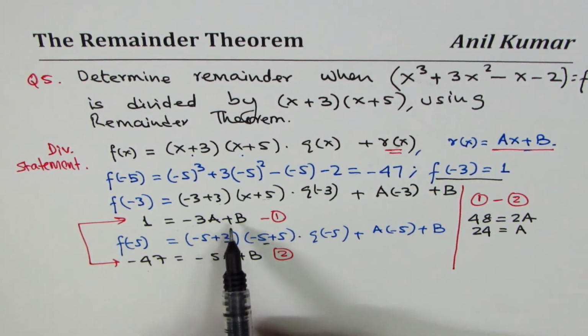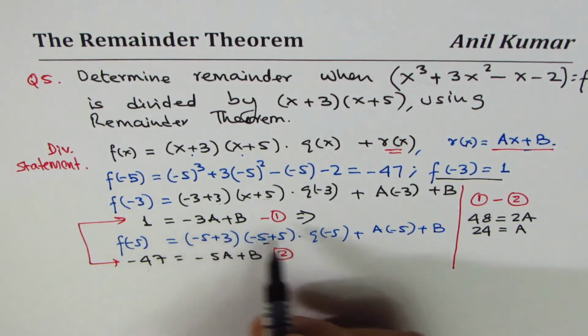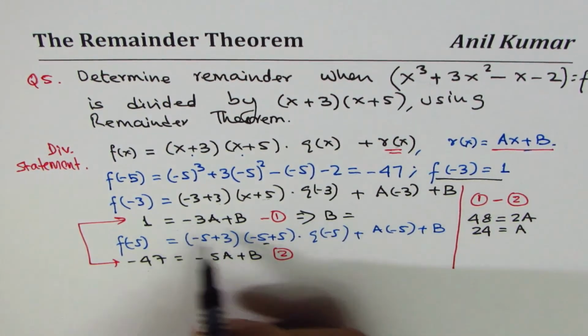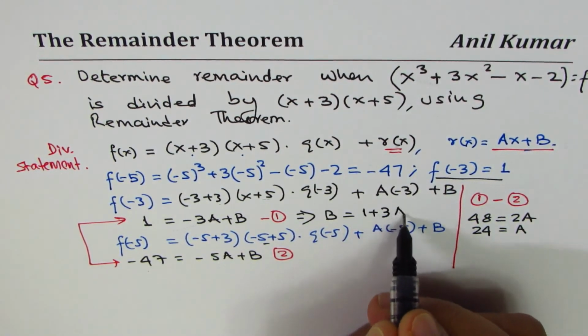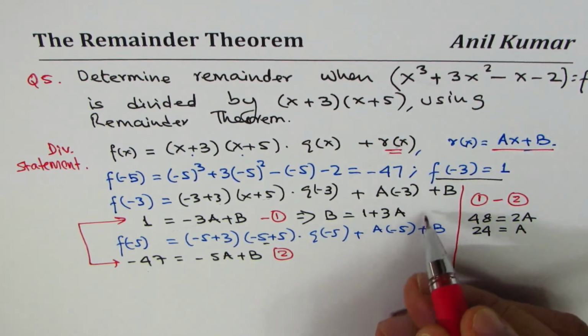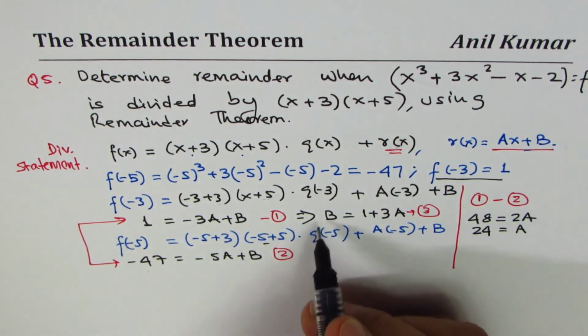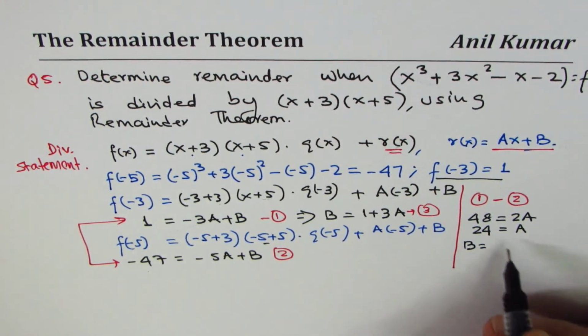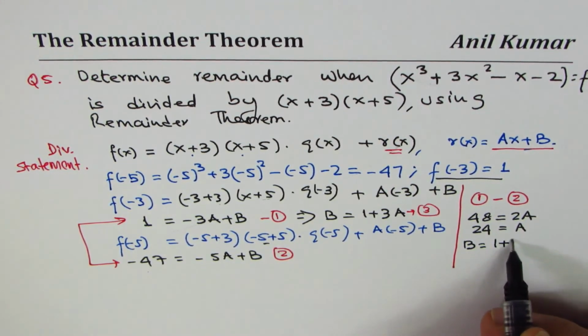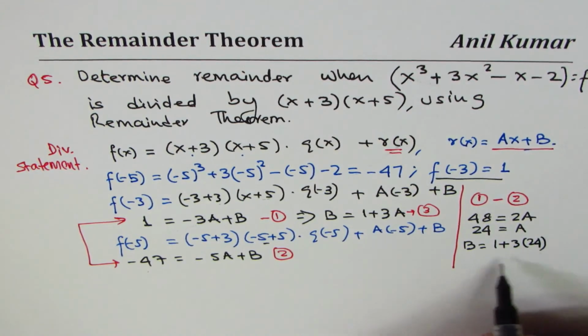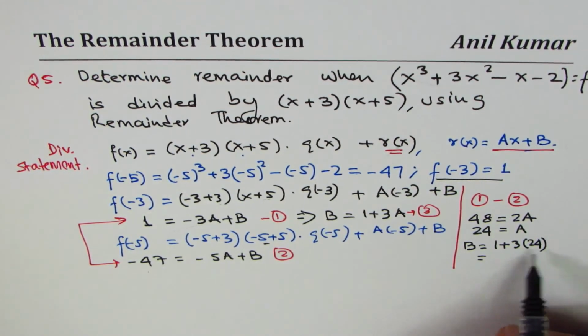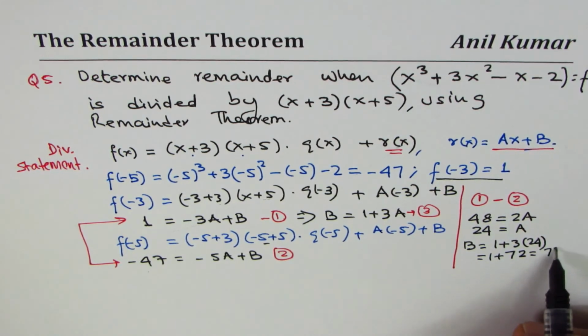Now, from equation 1, you could also say b is equal to 1 plus 3 times a, right? Let's call this equation 3. Since a is 24, what is b equal to? b equals 1 plus 3 times 24, which is 3 times 24 is 72, 1 plus 72, which is 73.